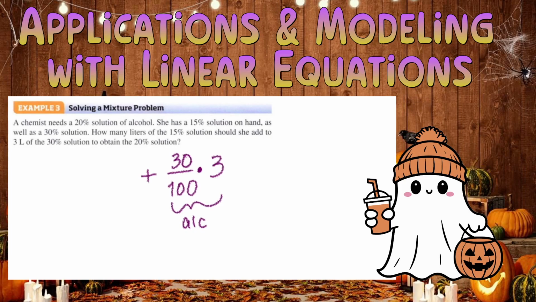But I want to combine that with the 15% solution of how much? I don't know. That's the problem.